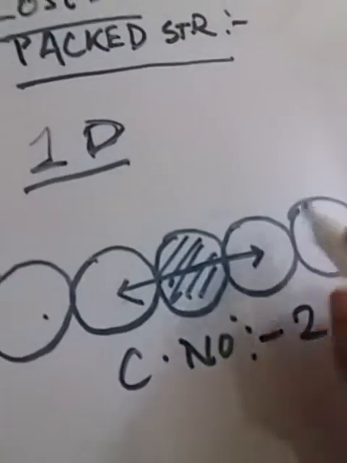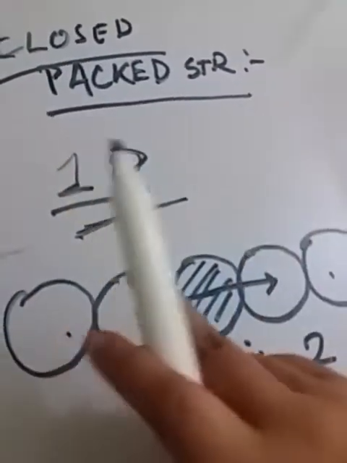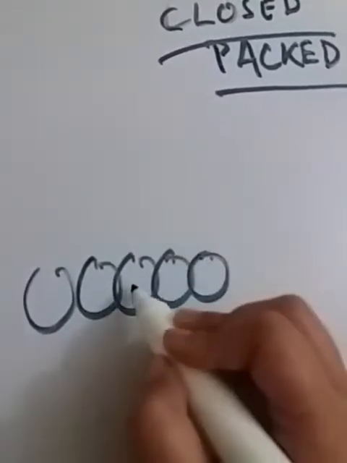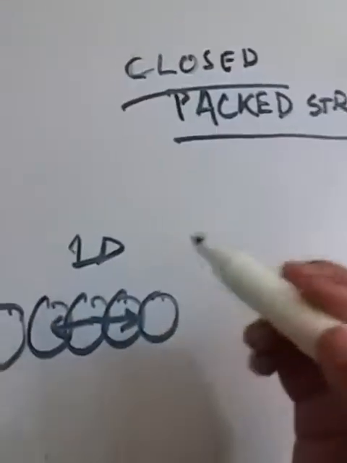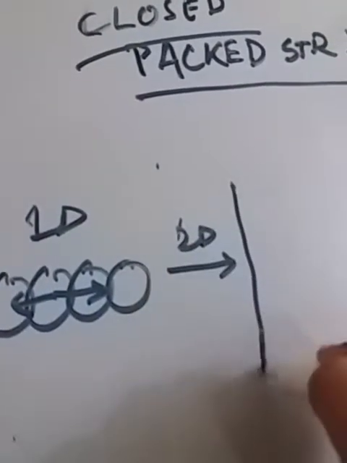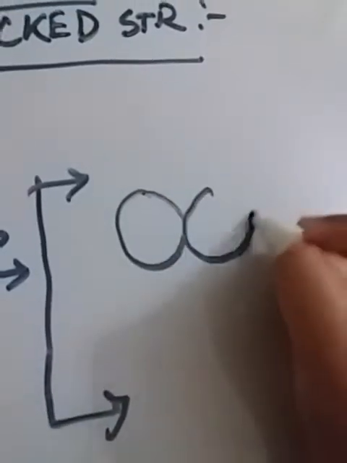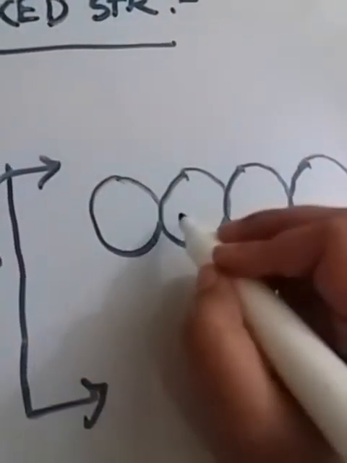Got that? In this 1-dimensional arrangement, how can we convert this into a 2-dimensional arrangement? In 2 ways. This was the 1D packed structure. How can we convert it into 2D structures? In two ways. The first method: this was our 1D, with coordination number 2.